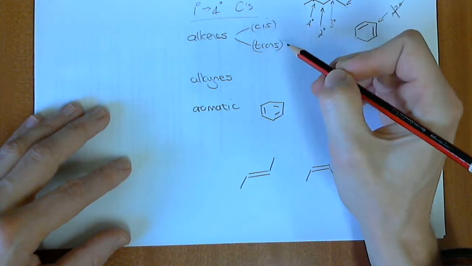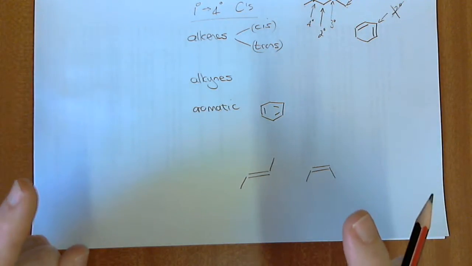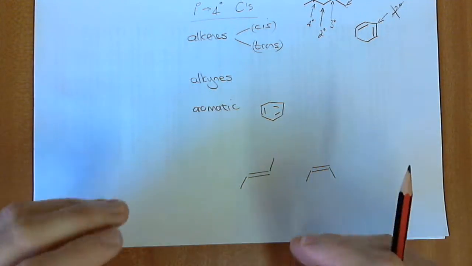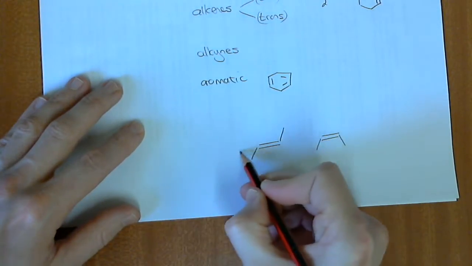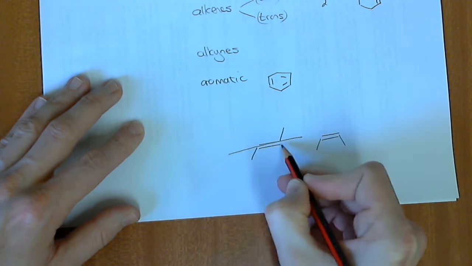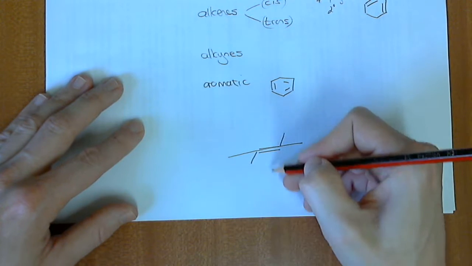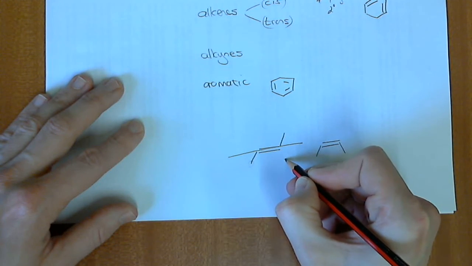So cis and trans in some ways is a bit easy because it always applies to when we're looking at a double bond: it's two of the same thing on the same side. So if I draw a line, this is an imaginary wall through the double bond, we can see that over here we've got a methyl group, over here we've got a hydrogen.